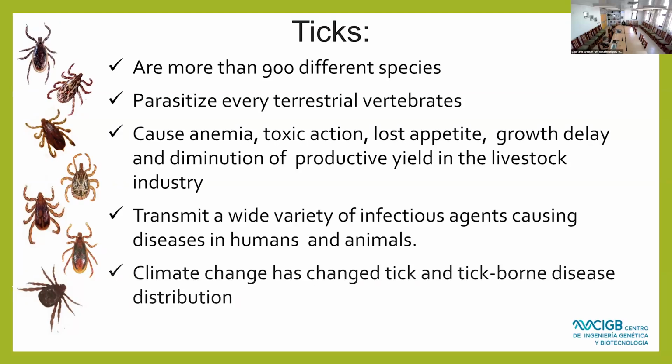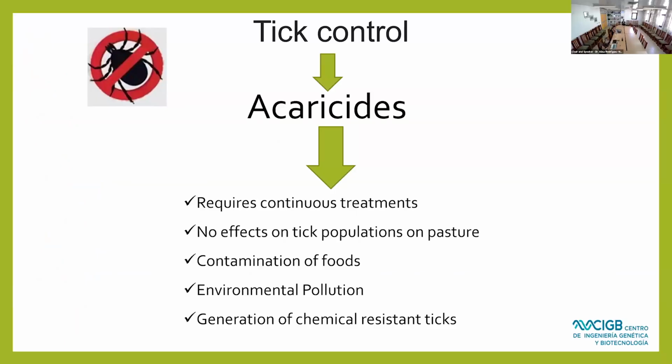For this reason, you have no effect on the population that is on the pasture. Also, this continuous chemical treatment causes contamination of foods, environmental pollution, and the generation of chemical-resistant ticks. After 1 year of using the same acaricides frequently, you have selected a population that is resistant to this chemical, and you need to change it in order to obtain efficacy.